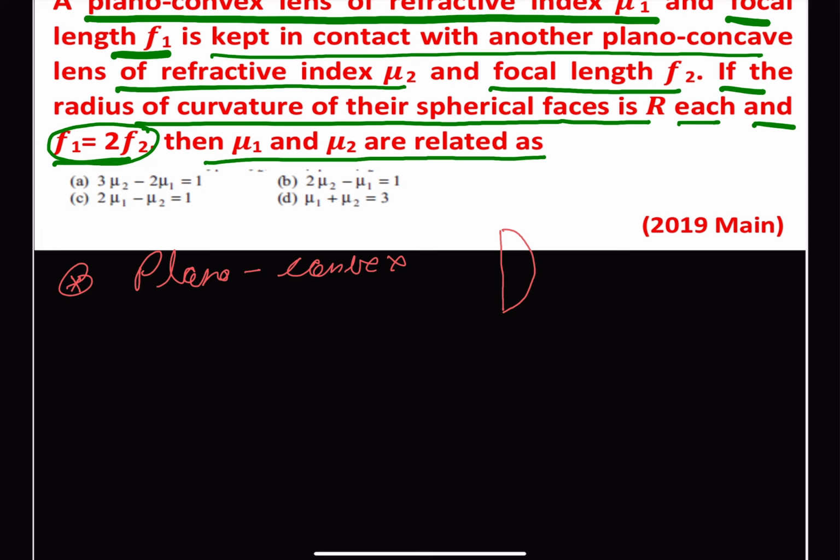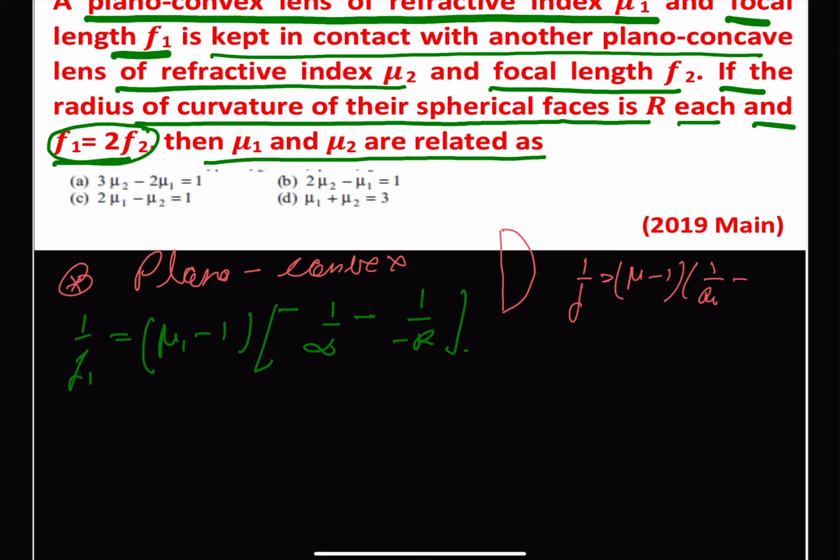So we can write that 1 upon f1 is equal to mu1 minus 1, and the standard formula is 1 upon r1 minus 1 upon r2, and its r1 will be equal to infinity. So this becomes 1 upon infinity minus, and this comes minus of R. And the standard formula is 1 upon f is equal to mu minus 1 and 1 upon r1 minus 1 upon r2.